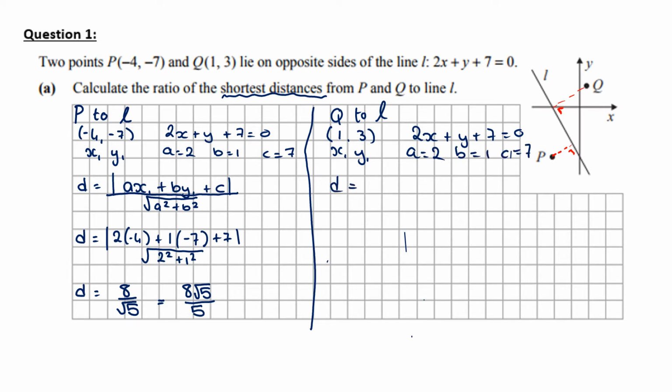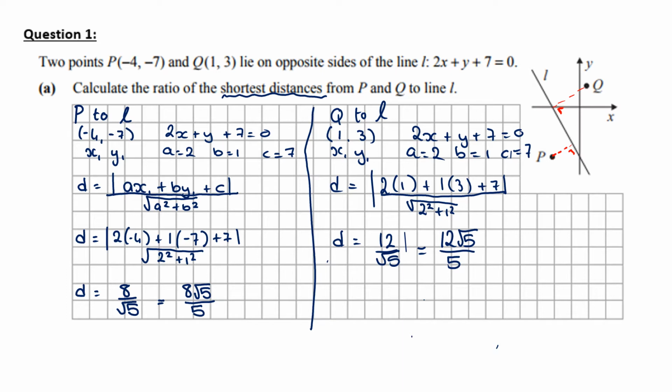Our distance then here is 2 times 1 plus 1 times 3 plus 7 all over the square root of 2 squared plus 1 squared. And that will work out for you as 12 over root 5, but again, if you're using your calculator, it doesn't like having a surd on the bottom, so it might change it to 12 root 5 over 5.